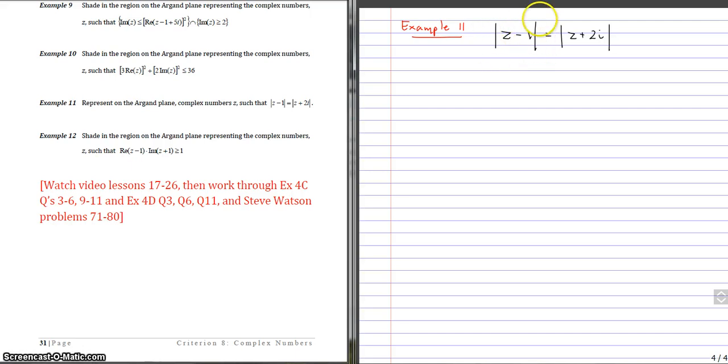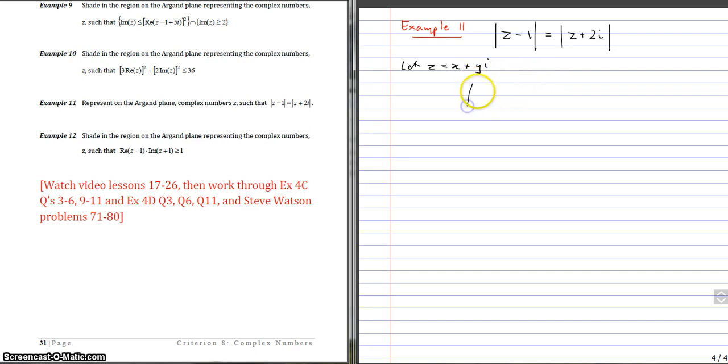If we have a look here, normally when we're graphing something like this, we expect a circle. That would be if we just had a number here. But we've got a modulus either side here. So the best way to approach this one is to do what we've done with the last few examples. Let z equal x plus yi and see where it takes us.